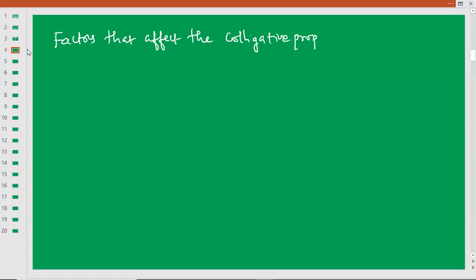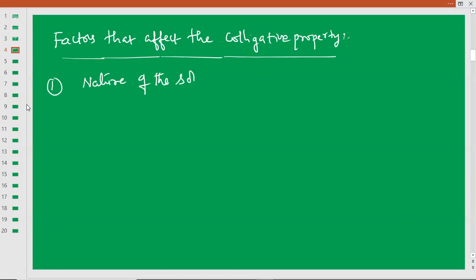To be more accurate, the colligative property depends upon the fraction of solute particles and solvent particles in the solution. The first factor is the nature of the solvent.